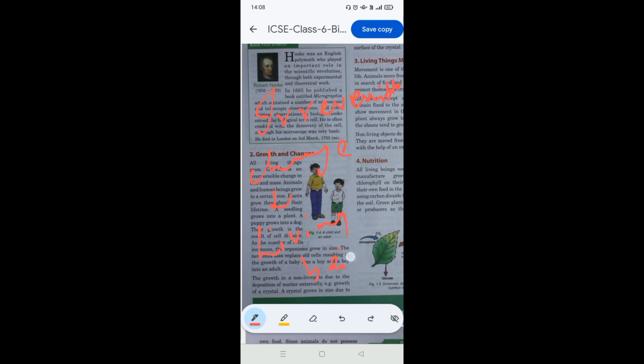It can be plants or animals or even human beings. The growth and the changes which have taken place due to growth in living organisms are irreversible, right?